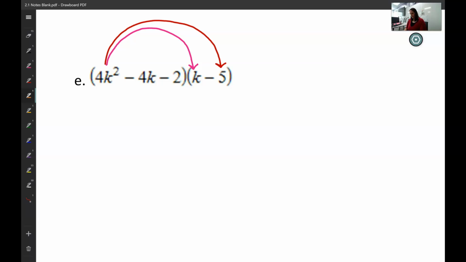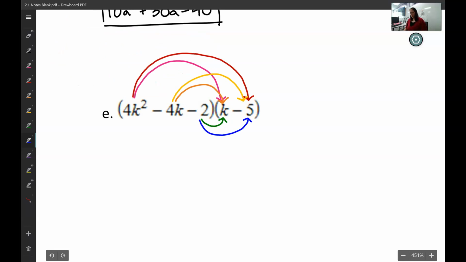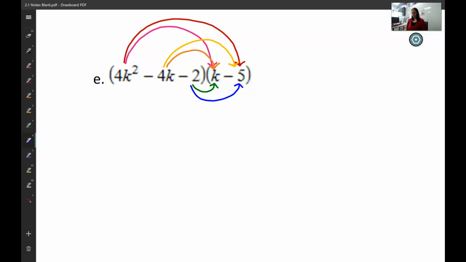Then take the second one, distribute it to everything in the second parentheses, and then take the last one and distribute it to everything in the second set of parentheses. So I want you to try that one on your own. Pause the video, try to multiply all those out, simplify them, make sure you combine your like terms, make sure it's in descending order, and once you've done that, you can press play again and double check your answer.